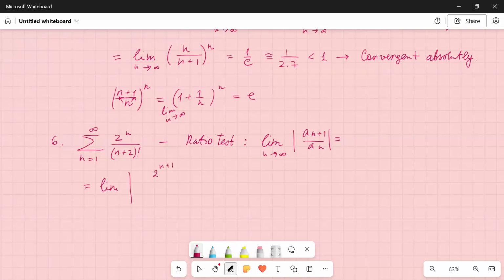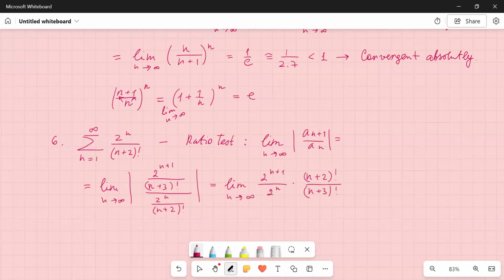2 to the power of n plus 1 over (n plus 2 and 1 more, it's n plus 3) factorial, divided by 2 to the power of n over (n plus 2) factorial, as n goes to infinity. I don't need the absolute value here, everything is positive. I'm going to combine terms with 2 to the power of n plus 1 over 2 to the power of n separately from (n plus 2) factorial over (n plus 3) factorial.